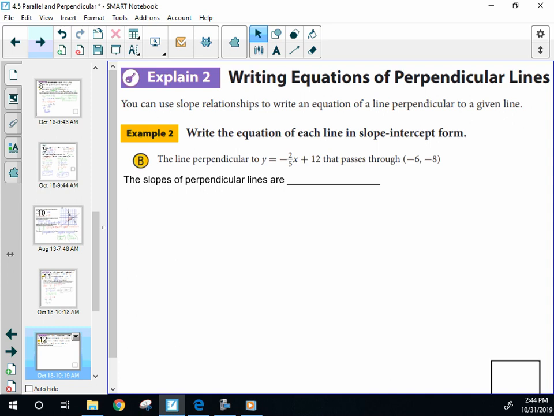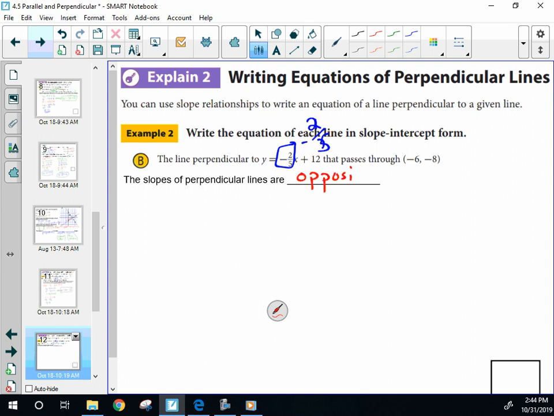Example number 2, letter B. The line perpendicular to y equals negative 2/5 x plus 12 and passing through the point negative 6, negative 8. So this line has a slope of negative 2/5. Remember, perpendicular lines, their slopes are opposite reciprocals.